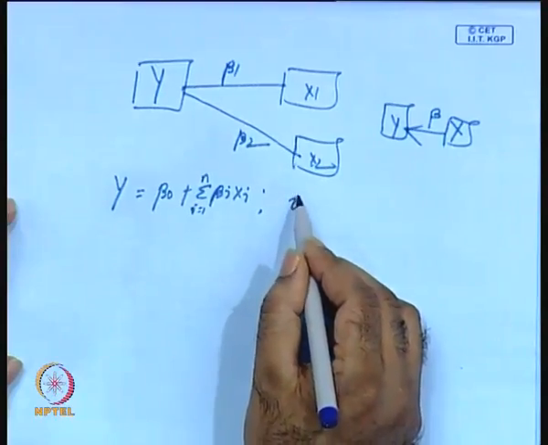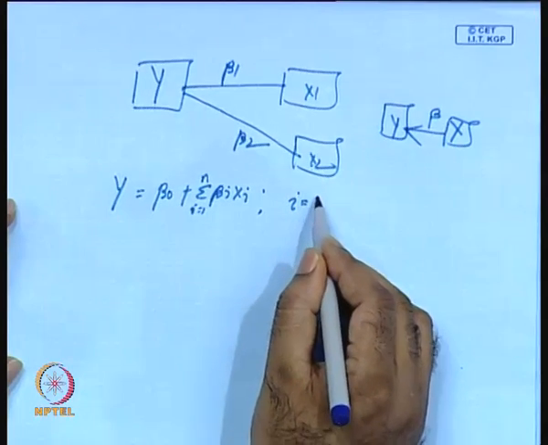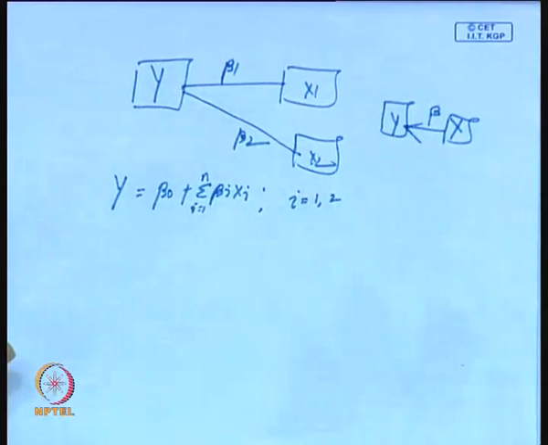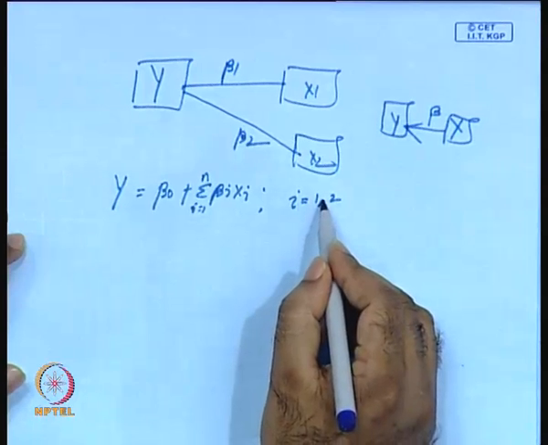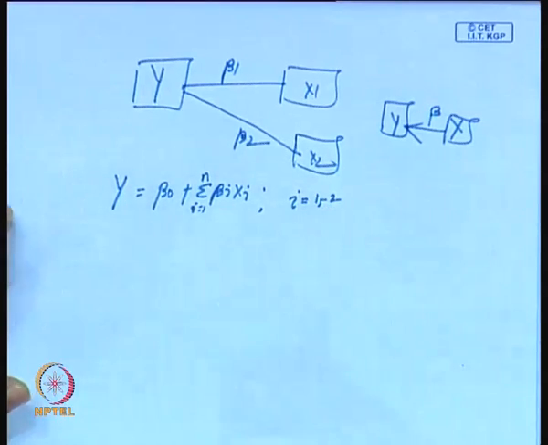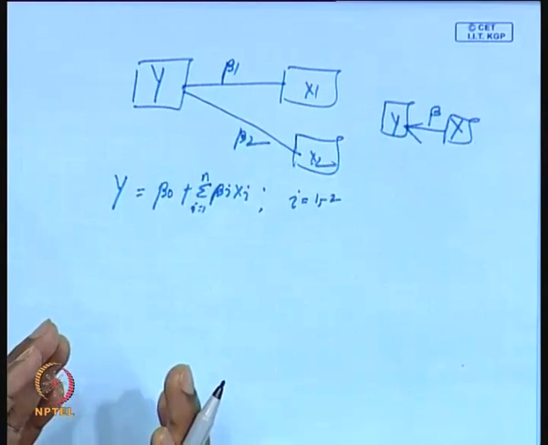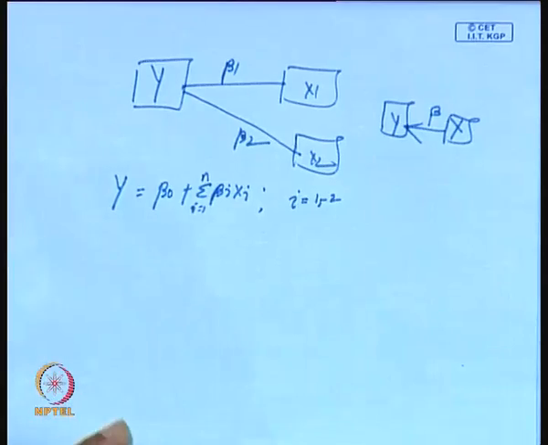So, what is that constraint? Just write i equal to 1 to 2, that is all. Instead of 1 to n you put 1 to 2 only. Then automatically this model will be limited to a 2 variable setup. If I put i equal to 1 to n, that means there are n independent variables which can influence y.